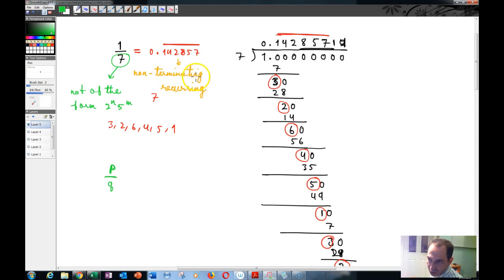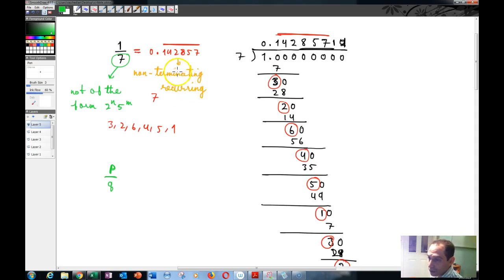Meaning it's going to be non-terminating, and when it's non-terminating, it's got to be recurring, because the number is a rational number. Otherwise, if it was an irrational number, then of course the decimal expansion could not be recurring. I mean, my sense was logically right, but I'm sorry if I confused you.